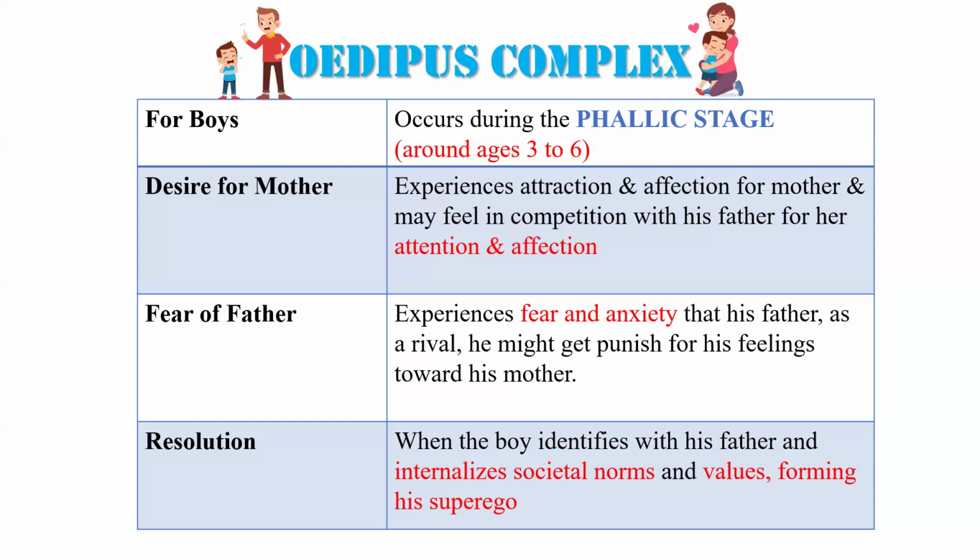Then when he turns 7, he will automatically develop the superego, as we studied two slides before. When he develops a superego, he will understand morality, and slowly the feeling of competition, like castration anxiety, will go away.